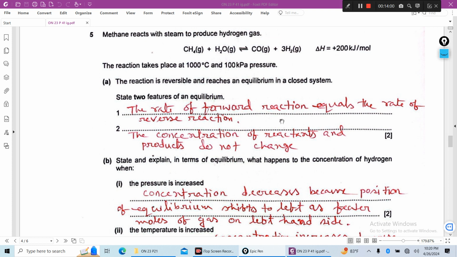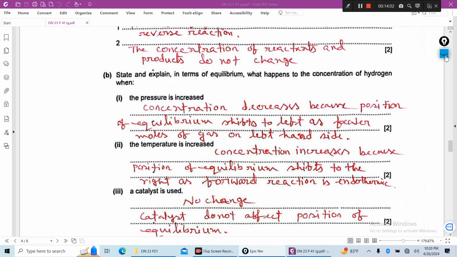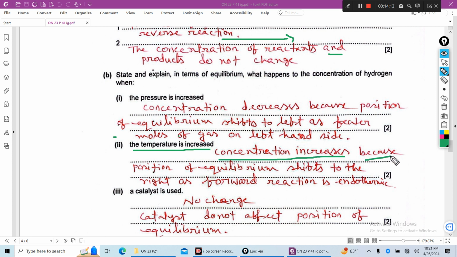So if temperature is increased, equilibrium will move from left to right. So concentration of hydrogen increases, because position of equilibrium shifts to the right as the forward reaction is endothermic reaction.